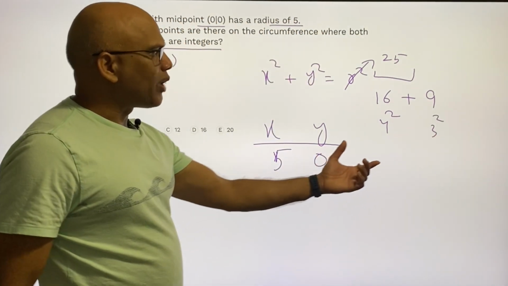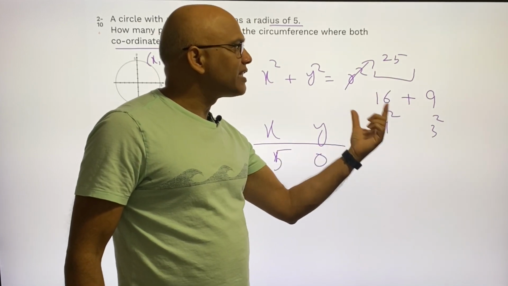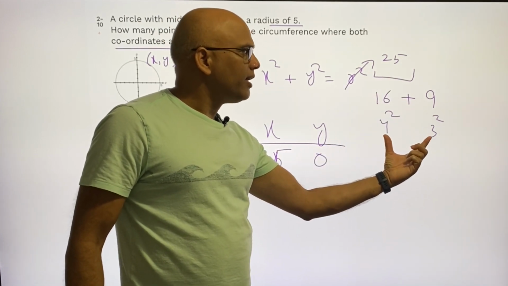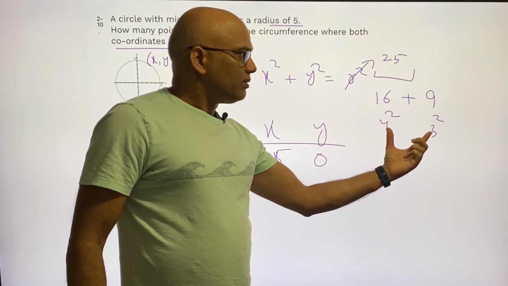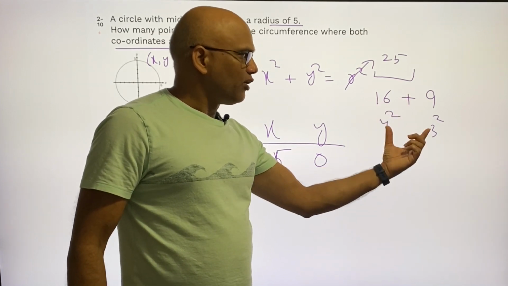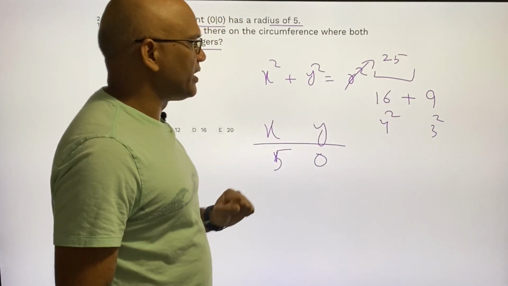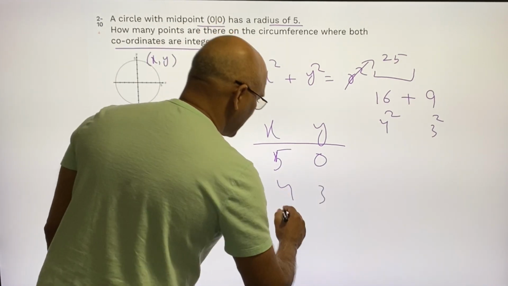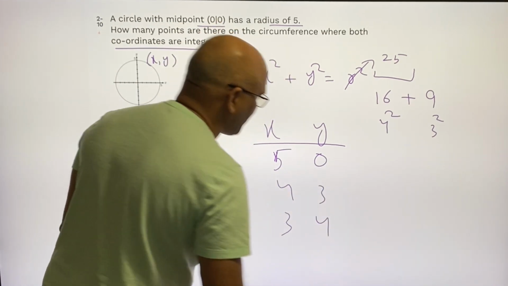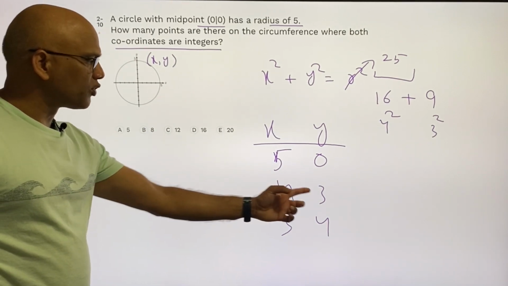You can also try other combinations to get to 25, but you will see that these are the only two that, when you square them up and add them up, you get 25. So it can be 4, 3, or x can be 3, y can be 4. So these are two different points, right? 4, 3, and 3, 4.